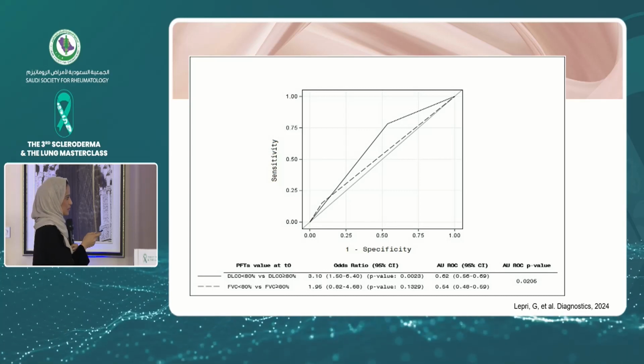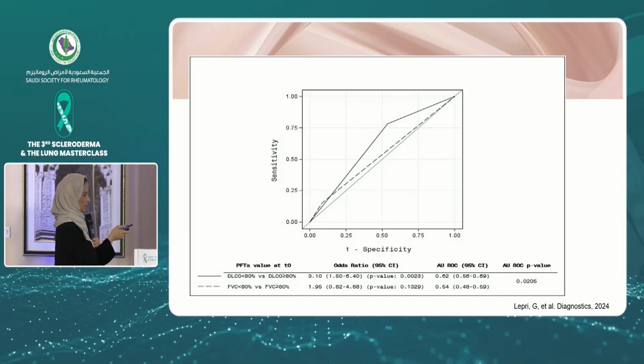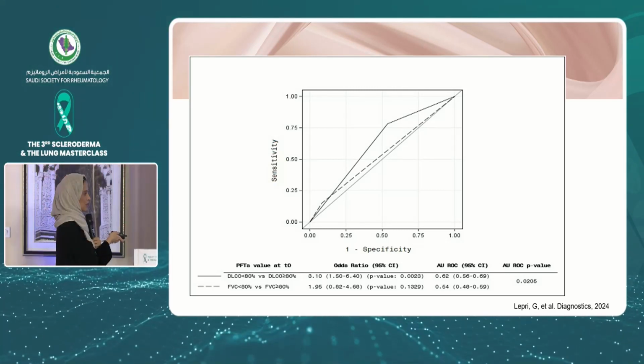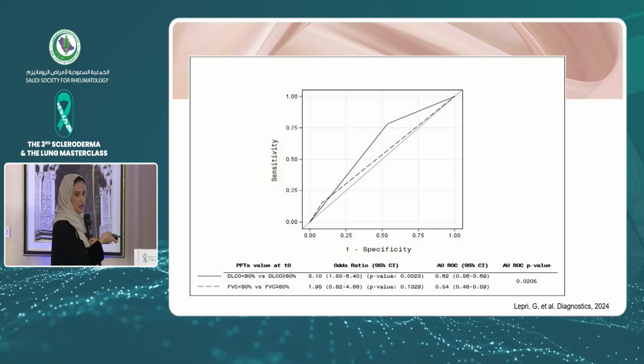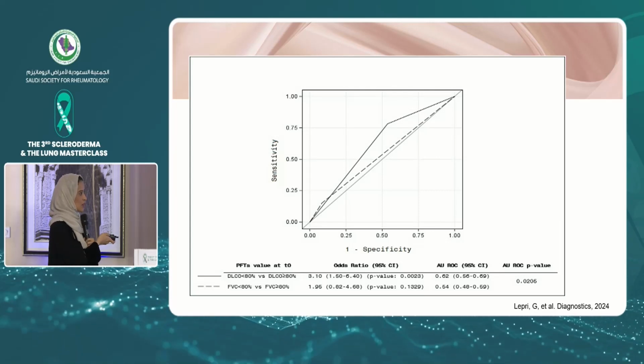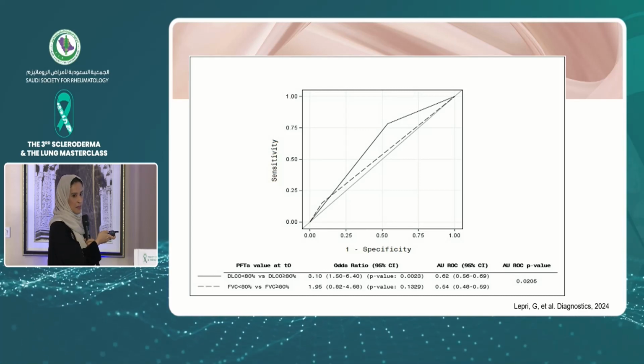And this is another graph. If you look at the area under the curve for the patients, the solid line is the DLCO at 2 cutoffs, less than 80% or more than 80%. And the dashed line is the FVC.